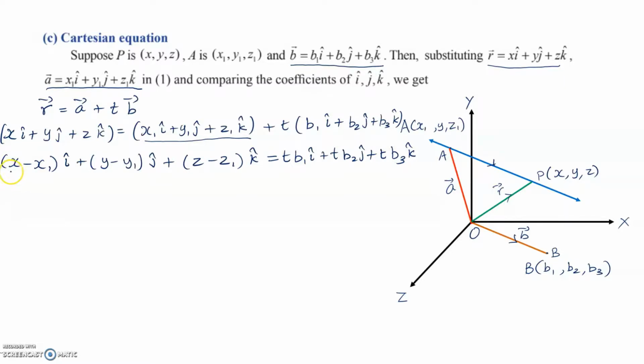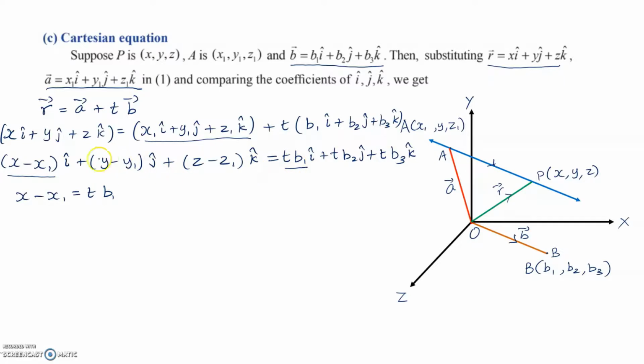Okay, now let's equate the coefficients of i cap, j cap, and k cap separately. So the coefficient of i cap is here x minus x1, and on this side it's t b1. So you can say this is equal to this: x minus x1 is equal to t b1.